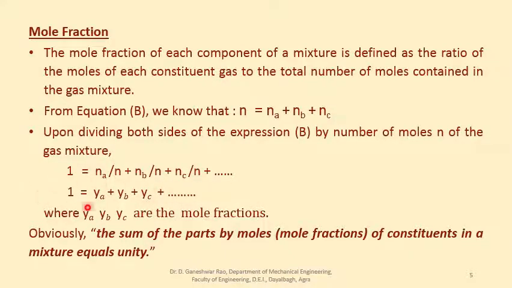So what does it indicate? It indicates that the sum of the mole fractions of individual components in a mixture is always equal to 1. The sum of the parts by moles, that is, the mole fractions of constituents in a mixture, equals unity. Is it clear? I hope it's clear.